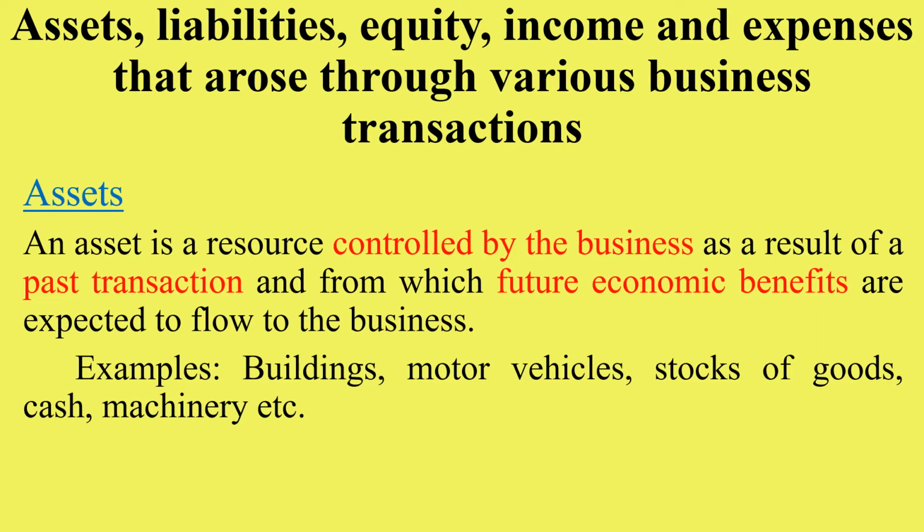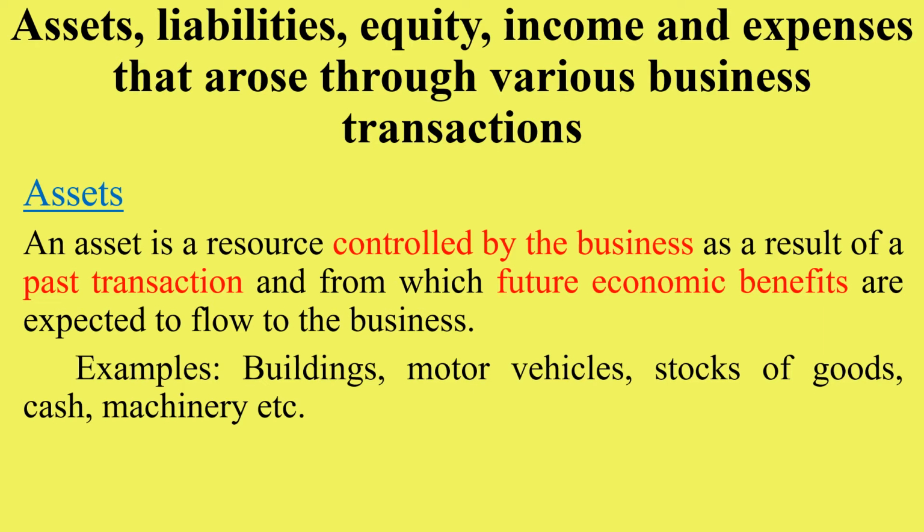That means it generates future economic benefits. Suppose any item does not generate any future economic benefit, we cannot consider such an item as an asset to the business. It should ideally generate future economic benefits.